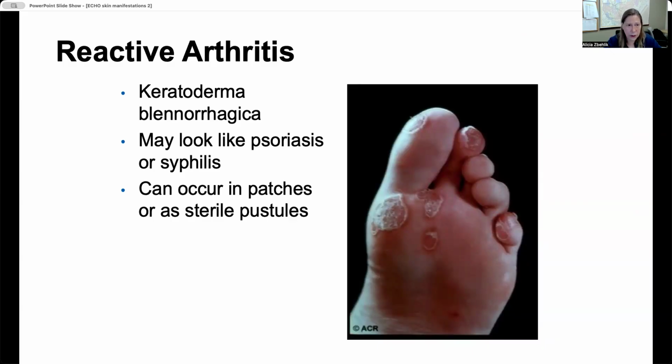We don't talk about it very often, but it's easy to mistake for psoriasis and sometimes syphilis, which is unfortunately having a resurgence, so we might be seeing more of it. But that's it, the whirlwind of rheumatologic findings in dermatology.